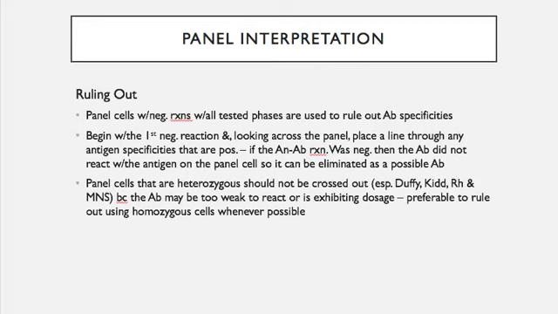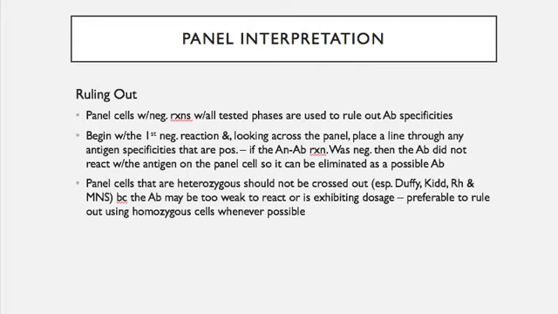Are you seeing reactions at 37 degrees? It could be an IgM if your reactivity started at room temperature, but it's more likely an IgG antibody if your reactions were not seen at room temperature, but you saw them at 37 or at AHG. And then the antibodies that react at AHG are going to be warm IgG antibodies that will be clinically significant.